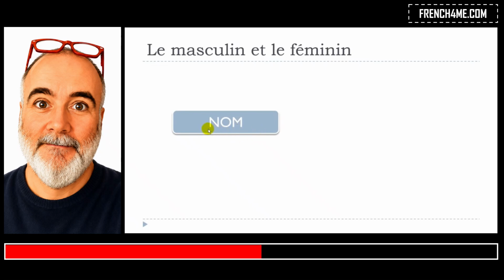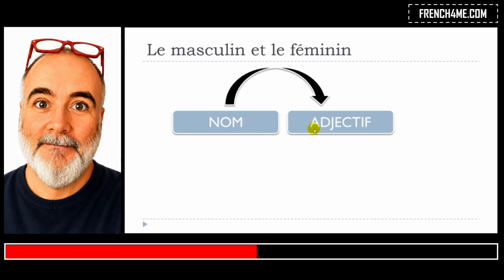Well, basically when you've got a noun, it will actually be connected to an adjective, and whether it's masculine or feminine, in French the adjective will be changed also. So let's see an example here. We've got un pays chaud.